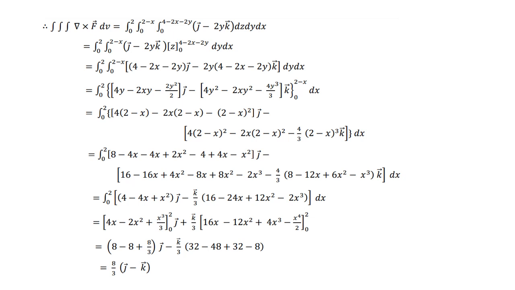Now by integrating this with respect to x, we will be getting an answer as (4x minus 2x square plus x cube divided by 3) with the lower limit 0 and an upper limit 2 j vector plus k vector divided by 3, (16x minus 12x square plus 4x cube minus x power 4 by 2) with a lower limit 0 and an upper limit 2. Now by applying the limits, we will be getting an answer as 8 by 3 j vector minus k vector. So here the triple integral concept is used fully.